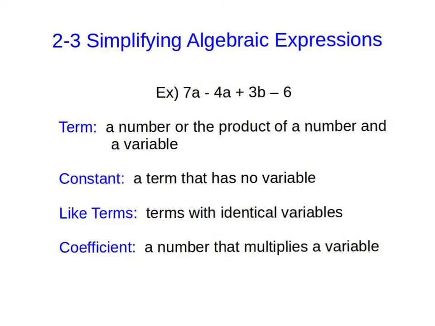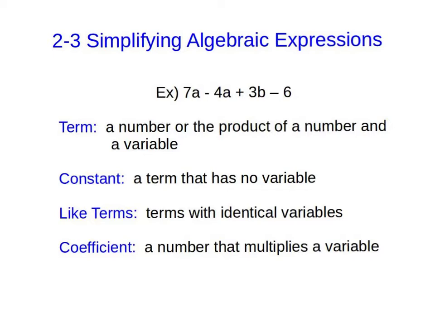Now that you have these words copied down into your notes, let's identify them in our expression up here. First, let's identify the terms in our expression. Remember, we did this when we were learning about subtracting integers. Each term is a chunk of numbers combined by multiplication or division and separated by the minus signs and plus signs.